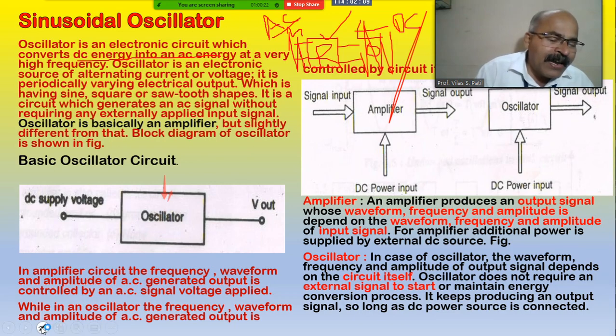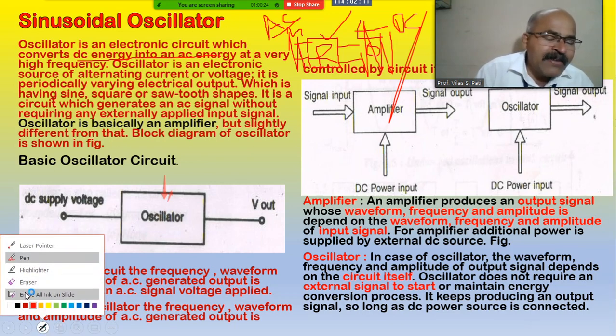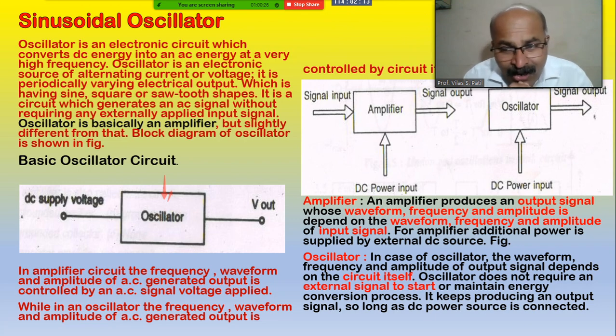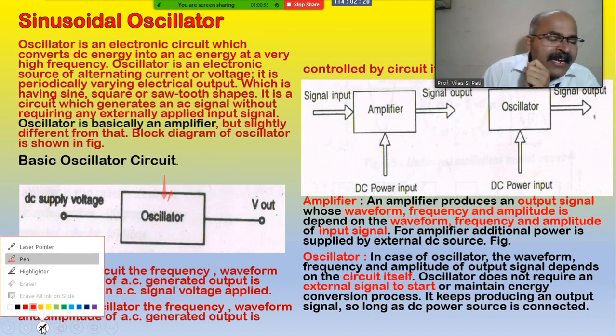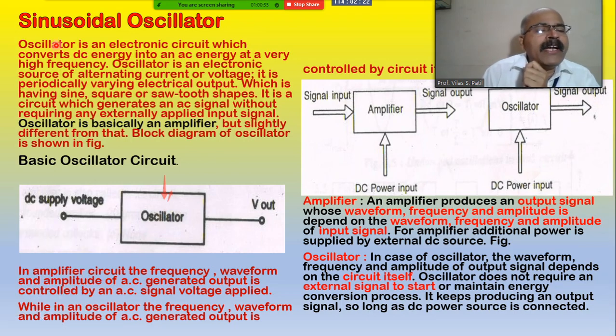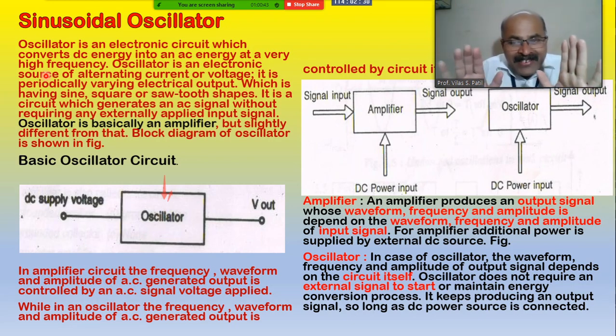This is the simple definition of the oscillator. See, which is the definition, simple definition. I am taking the lesser pointer. Oscillator is an electronic circuit which converts DC energy into AC energy at very high frequency.